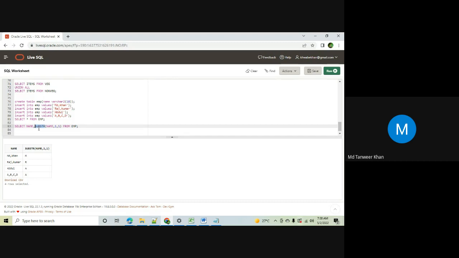What is the meaning of this? Let's try to understand. In substring, I have passed the first column name as name, and then I have written one. When I mention one here, I am telling the SQL engine to stand at the first character or first position.